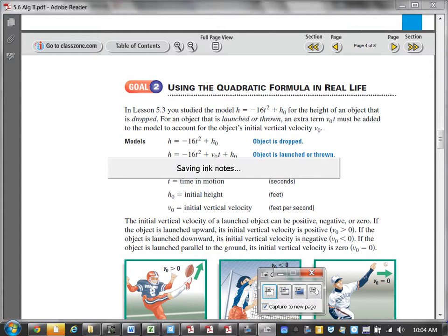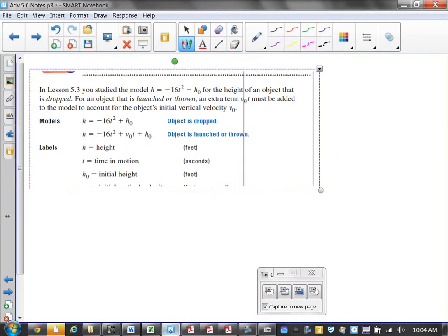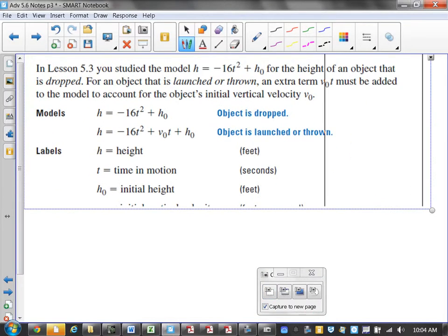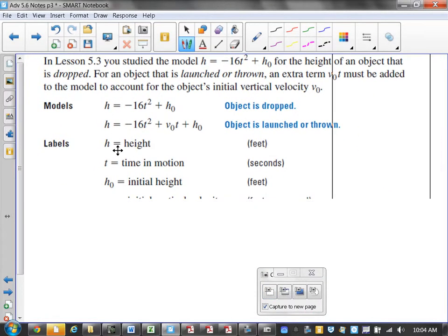One of the things that we ran out of time on yesterday, and I was hoping that you would just flip back a page to read about it, was how you use this modeling for objects in motion. What's happening here is that there is a difference between throwing an object and dropping an object.